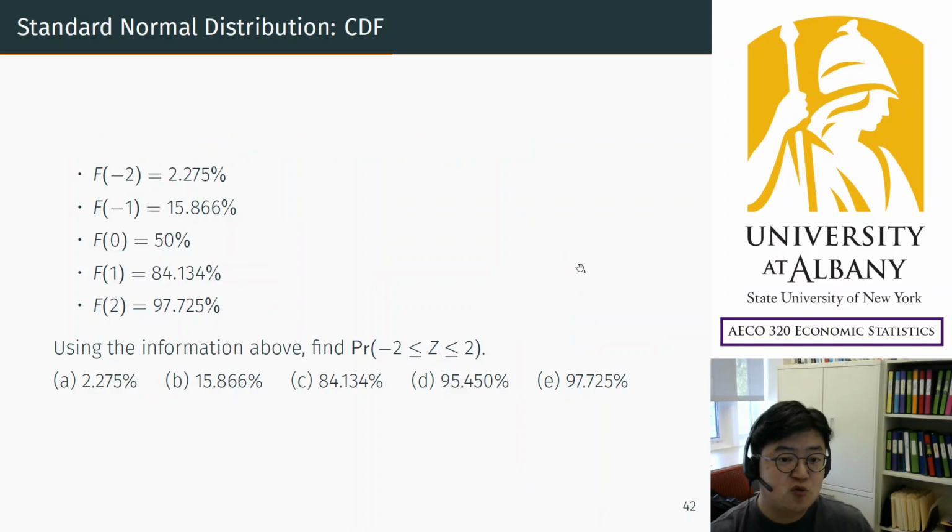Okay, then the next question. Similarly, how can you find probability between plus and minus 2? Try this. Stop the video, use Excel, and calculate this probability.